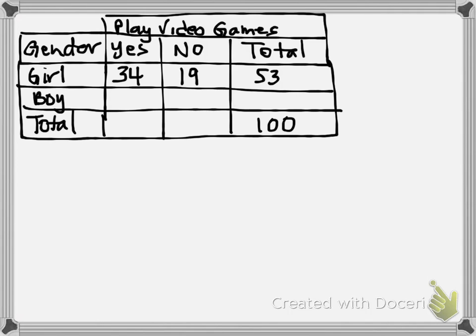For the boys, 38 of them said that they play video games. Only 9 of them did not, for a grand total of 47 boys surveyed. That gave us a total of 72 students from the survey who said yes, and 28 who said no, we don't play.